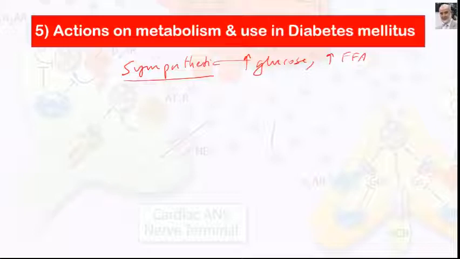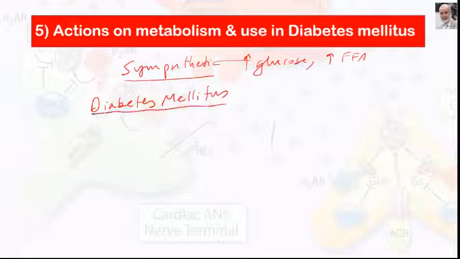Therefore, we expect that beta blockers will decrease glucose production and decrease free fatty acid production. This is most dangerous in cases of diabetes mellitus.